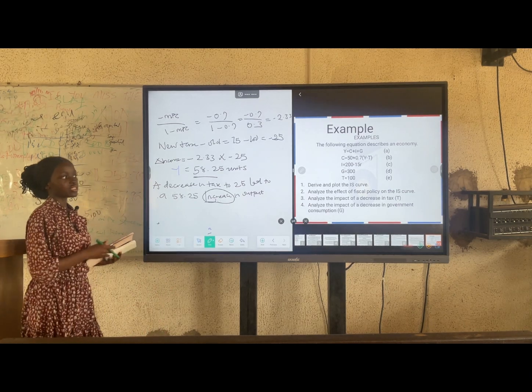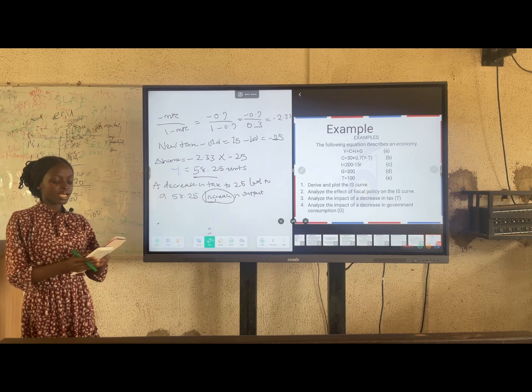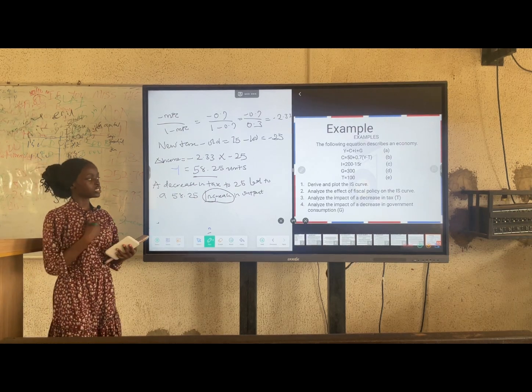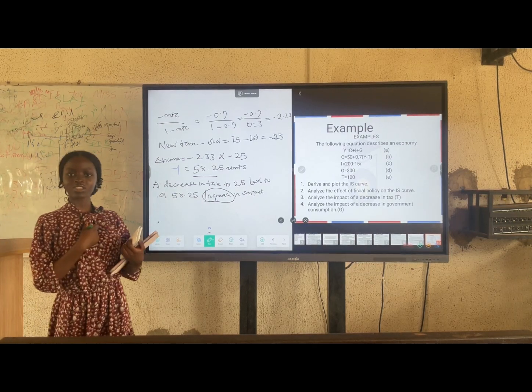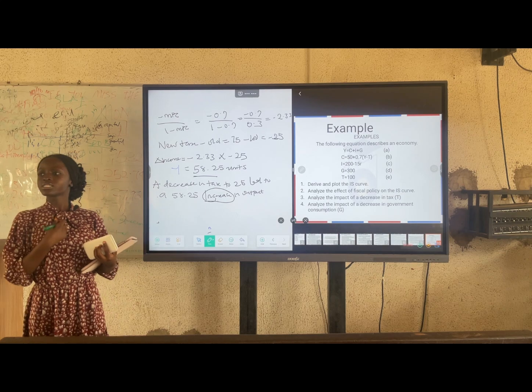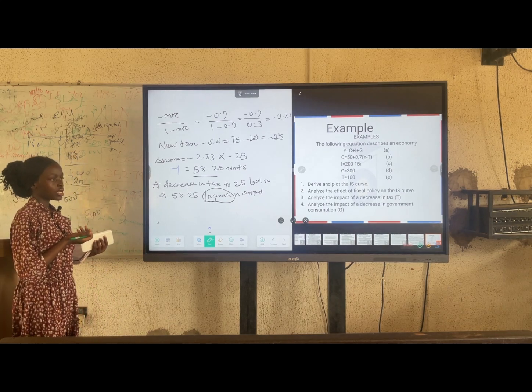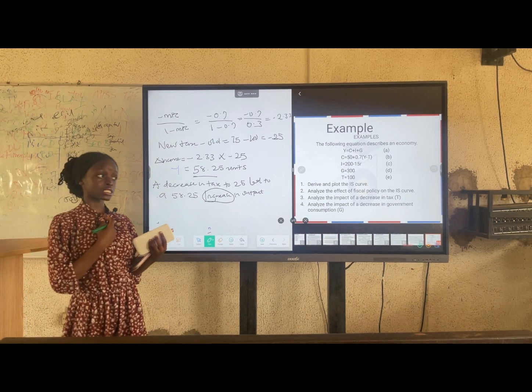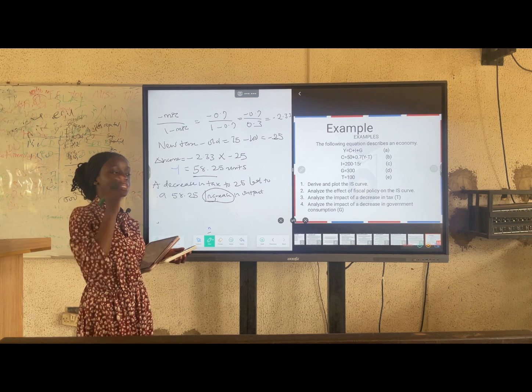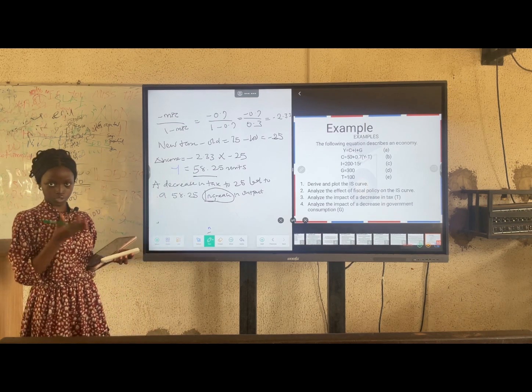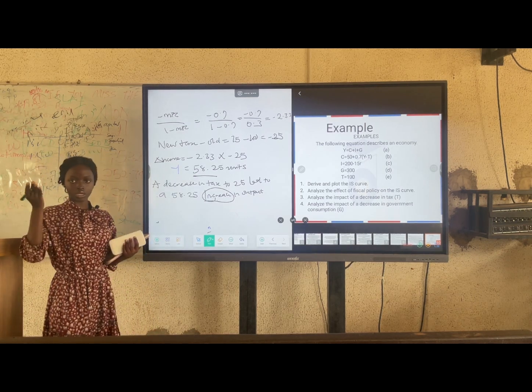Let me give an example. Let's say I'm an individual. I was earning $100 and paying 10% tax on my $100, meaning I have $90 to myself to spend, and I'm paying $10 to the government.